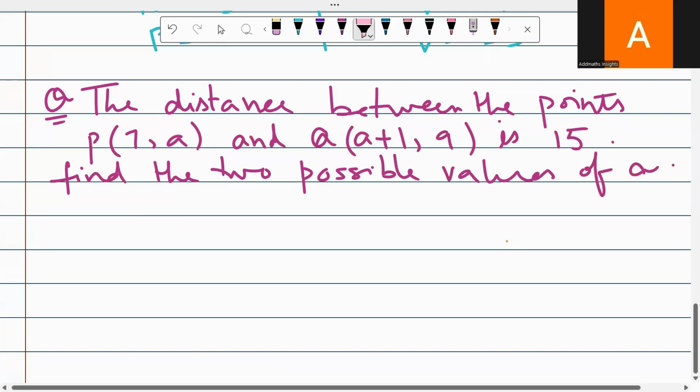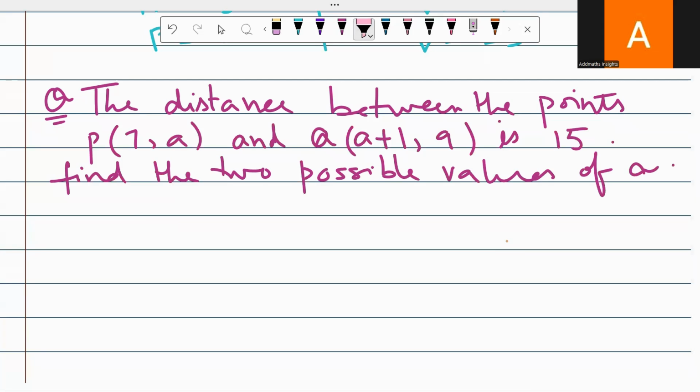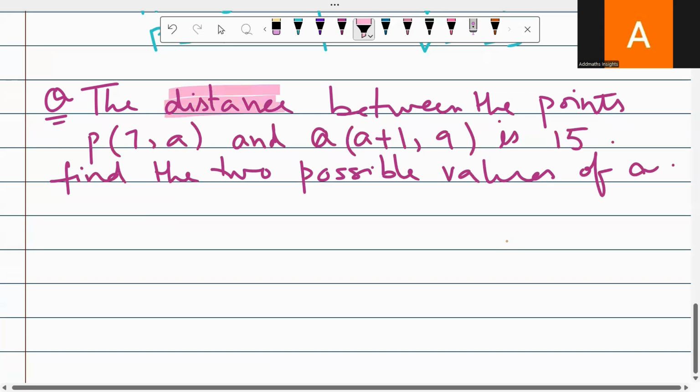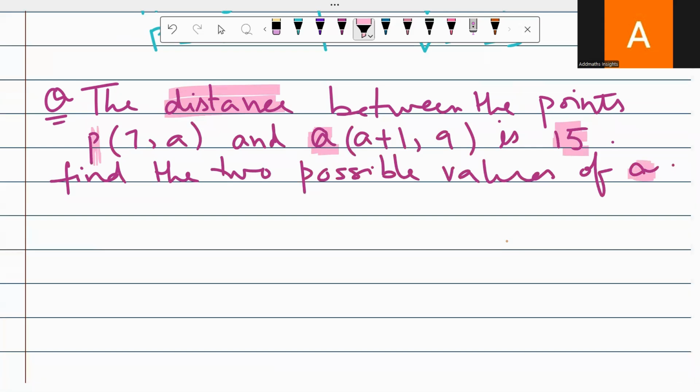Again, when you read this question and identify the information given to you, the distance is given as 15, between the points P and Q, and the unknown is a. Because the distance is given, you apply the distance formula.